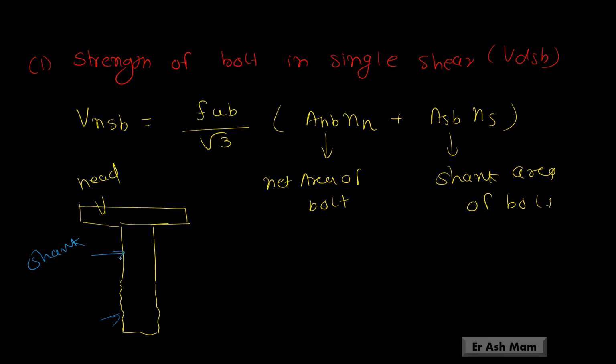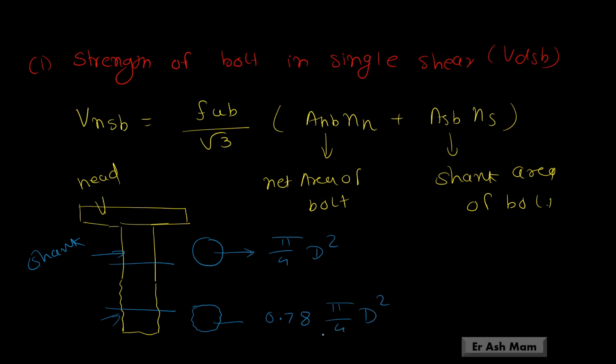At the shank section the cross section will be circular, and at the threaded section the cross section will be less or zigzag due to threaded part. So area of shank section is pi by 4 d square, and area of threaded section is reduced due to the cut part, and will be 0.78 times pi by 4 d square.